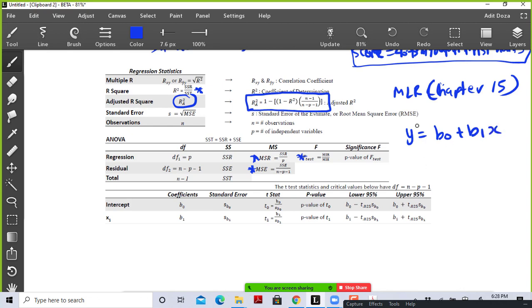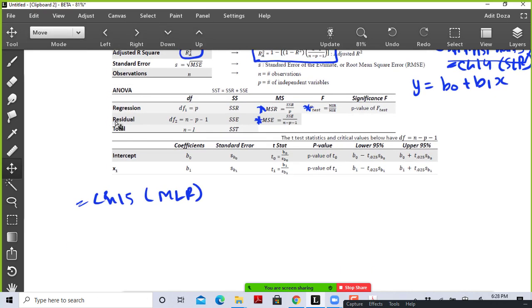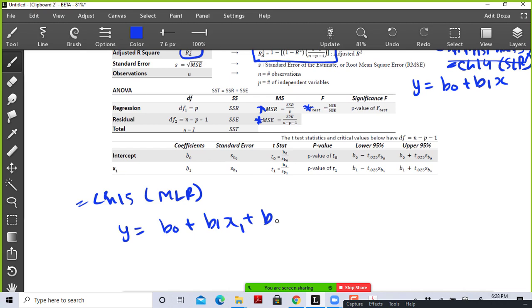This is chapter 14 style, simple linear regression. But chapter 15 is multiple linear regression. What is the main difference between simple and multiple? Can anyone tell me? We have more independent variables: beta 1x1, beta 2x2, plus maybe even more.